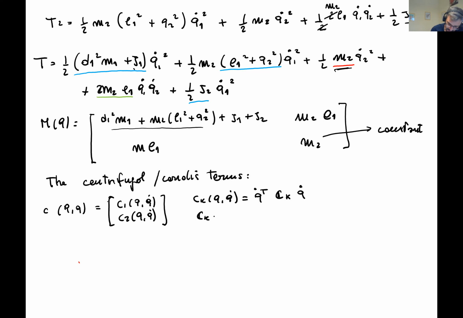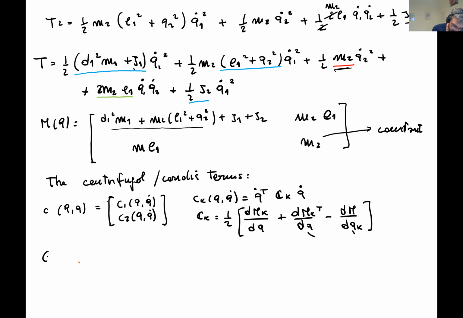And the Christoffel symbol, you remember, is 1/2 the derivative of the kth column of the inertia matrix with respect to the vector of joint variables, plus its transpose, minus the derivative of the inertia matrix with respect to the kth component of the joint vector. So this is a scalar, this is a vector, and this is a scalar.